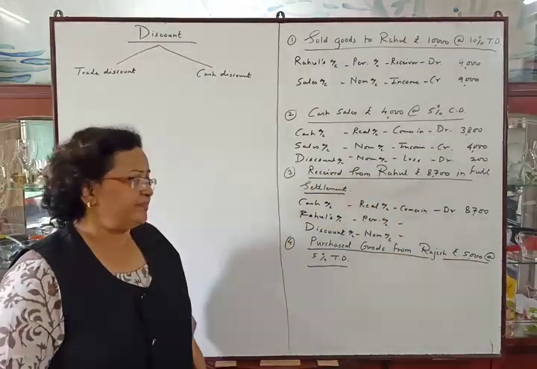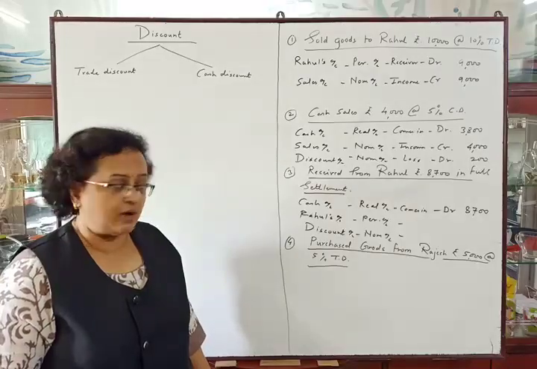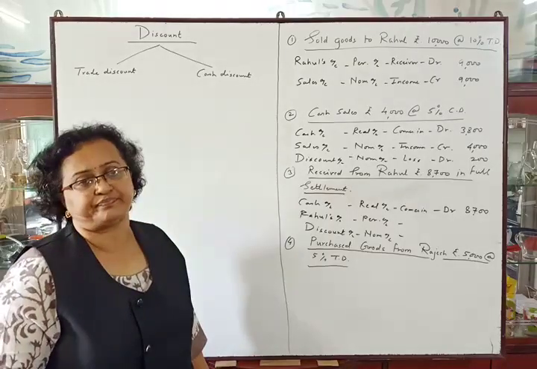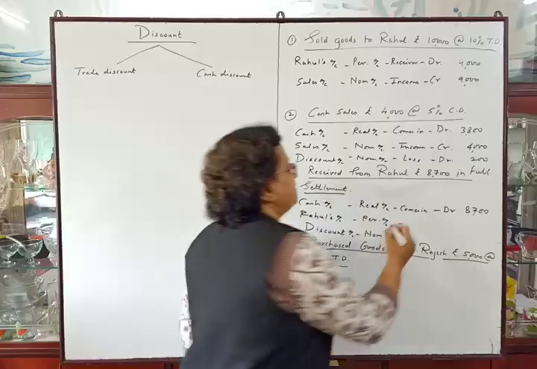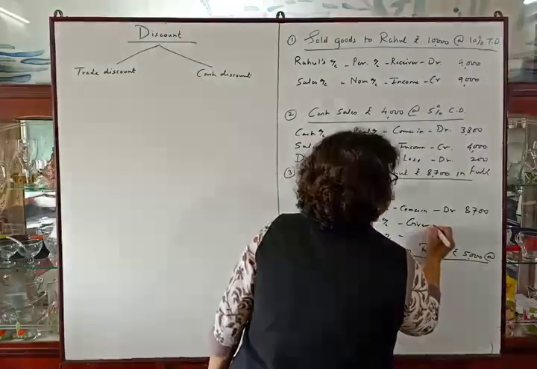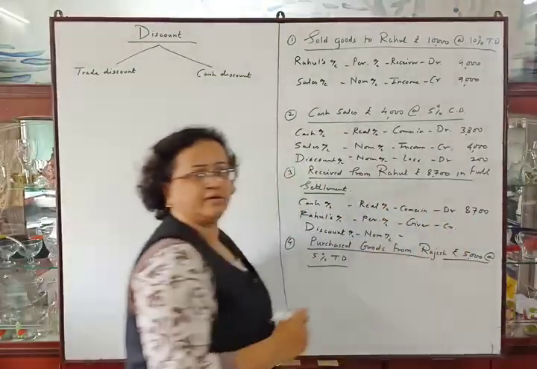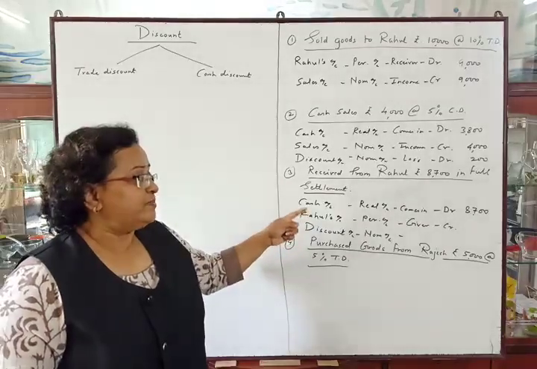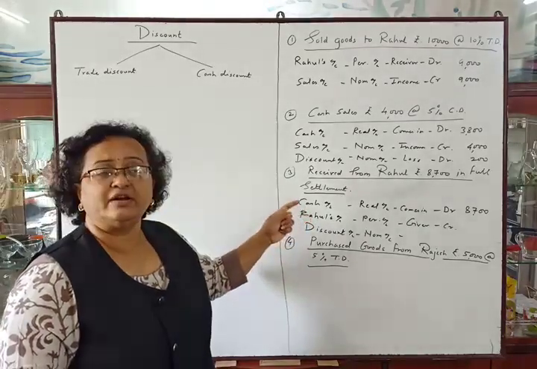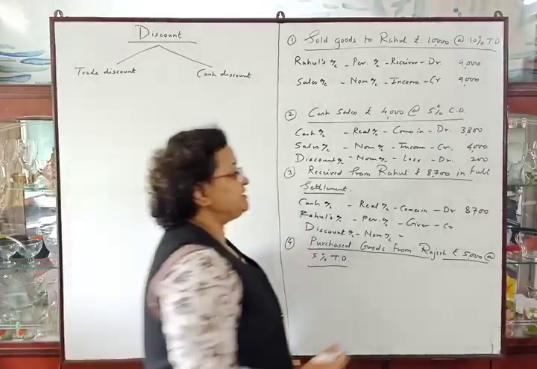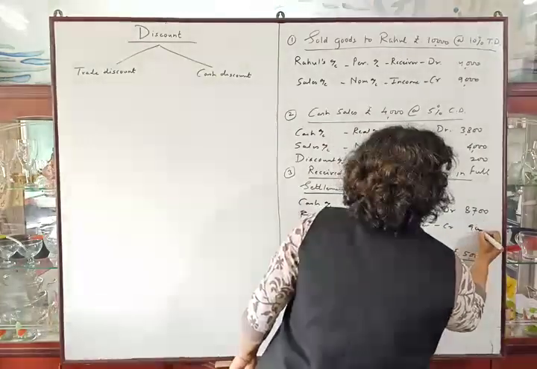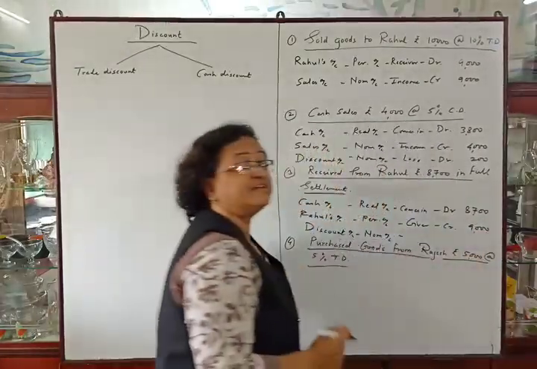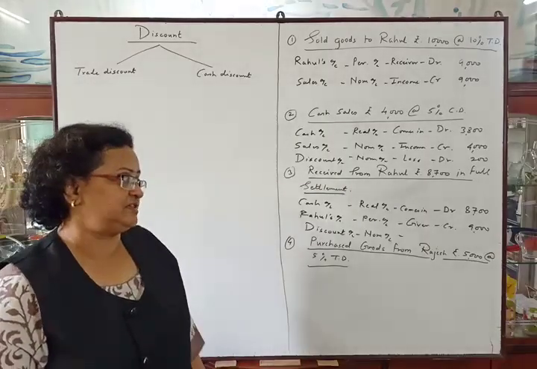Now Rahul's account. Rahul's account is personal account and Rahul is the giver. So rule says that credit the giver. By crediting Rahul's account, we are cancelling his account of rupees 9,000 because he has made full settlement by paying rupees 8,700.